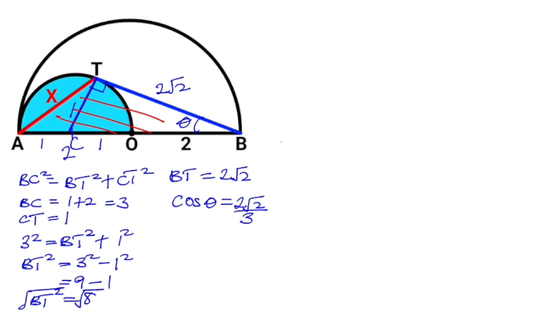From the cosine rule, AT squared is equal to AB squared plus BT squared minus 2 times the product of the lengths of sides AB and BT multiplied by the cosine of angle theta. AT is equal to x.